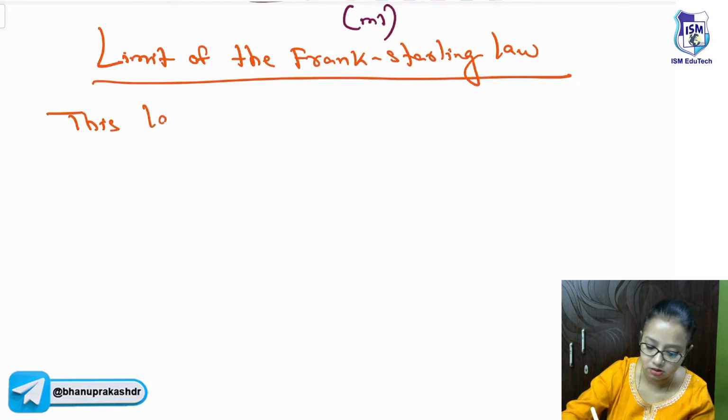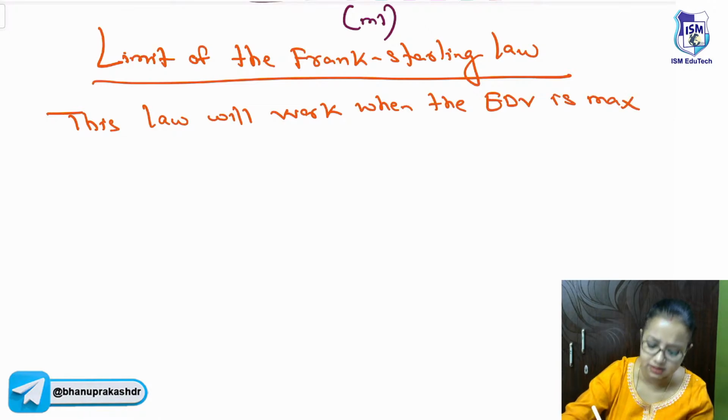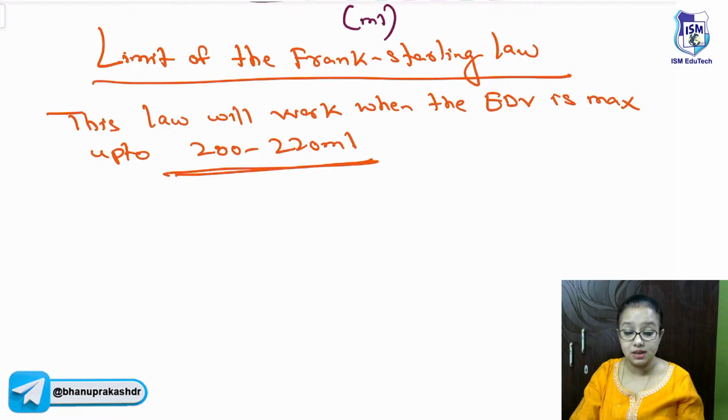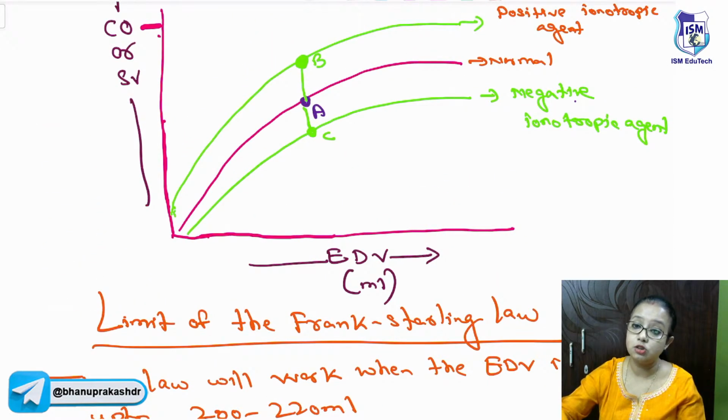This law will work when the end diastolic volume is max up to 200 to 220 ml. If the end diastolic volume increases more than 200 or max 220, then the Frank-Starling law will not work.